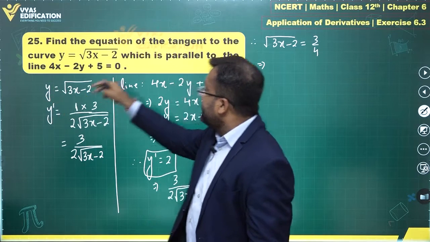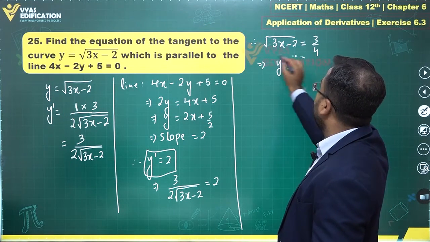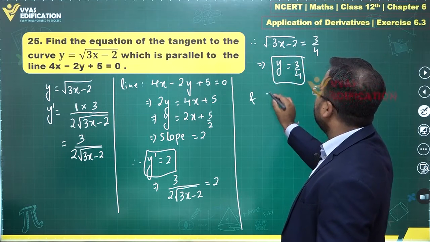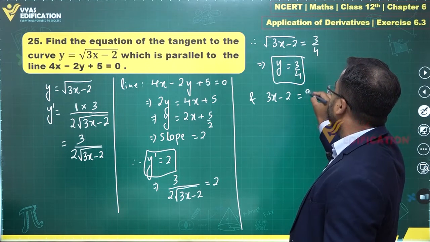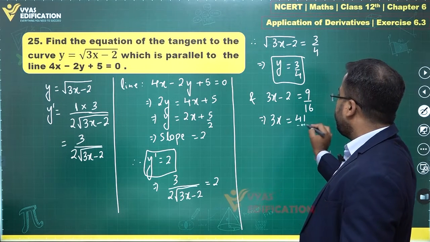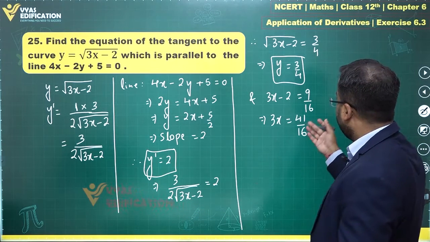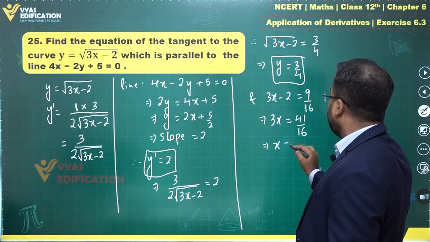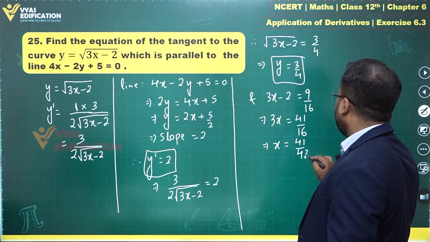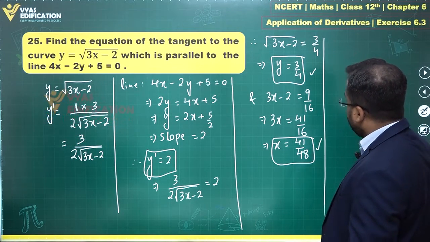One, y is equal to 3 upon 4, and 3x minus 2 is equal to 9 upon 16, which tells me 3x is equal to 41 upon 16. Oh, is it? 9 upon 16 plus 2 will be 41 upon 16. That tells me x equals 41 upon 48. Okay. Y equals 3 by 4, x equals 41 by 48.